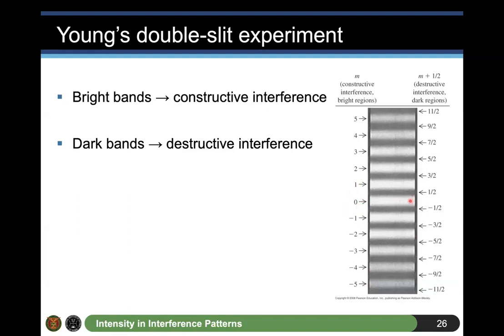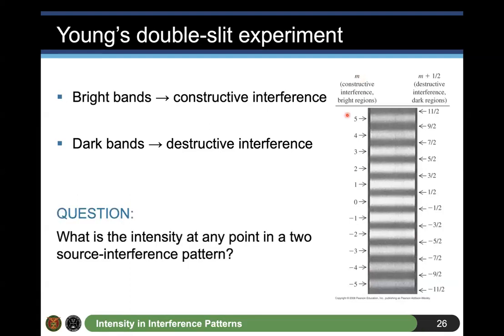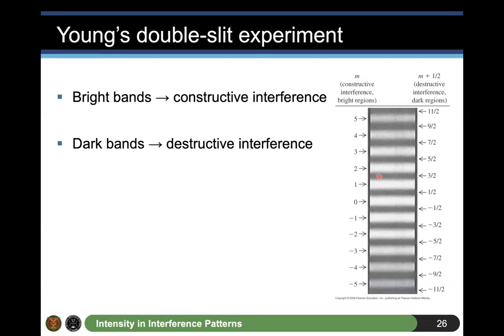If we start from 0, the brightest band, above it will be plus 1/2 and then plus 1. So the dark band will be 0 plus 1/2. Then the next light band will be 1. Then 1 plus 1/2, so 3 halves. Then 2. Then 2 plus 1/2 is 5 halves, etc. Same on the negative side. So, alternating light and dark bands.